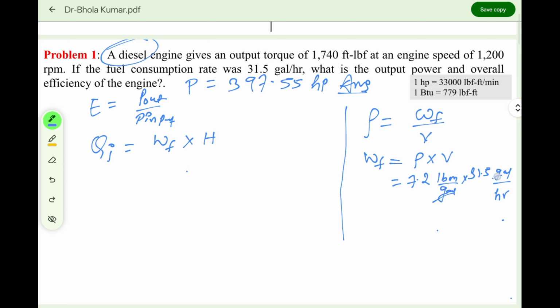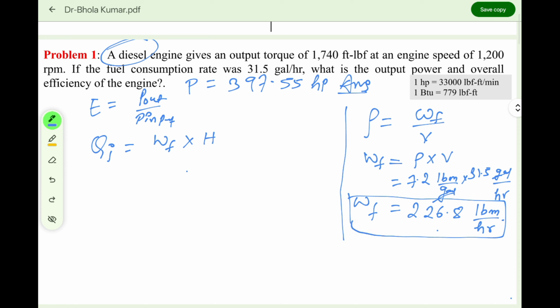So gallon will cancel out. 7.2 multiplied by 31.5, you will get 226.8 lbm per hour. Are you getting my point? It is the mass consumption per hour, so you get the wf value.